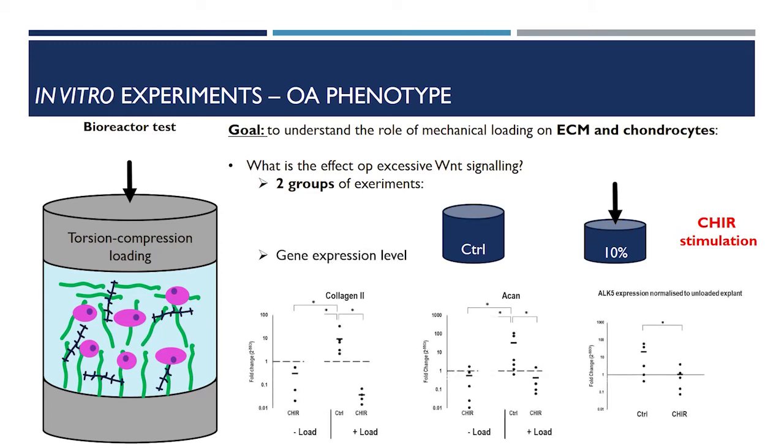Our current insights indicate that excessive WNT signaling induced by CHIR stimulation alleviates the mechanoresponsiveness of chondrocytes under compressive loading merely through impaired SMAD2/3 pathway activation.